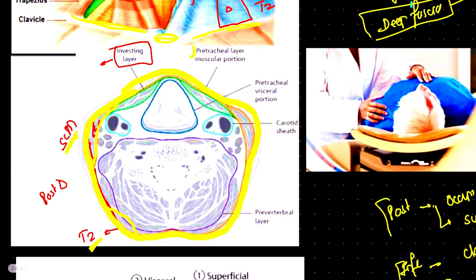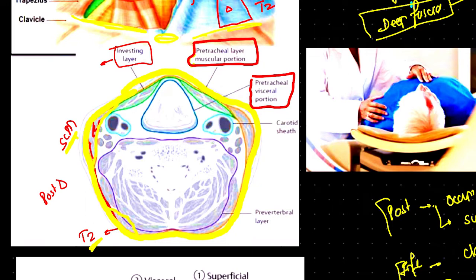Now here, as you can see, what is this? This is our pre-tracheal layer, muscular portion. It is mentioning the muscular portion because this will include the muscles. And similarly we have the pre-tracheal visceral portion. It will include the viscera. What are the viscera?